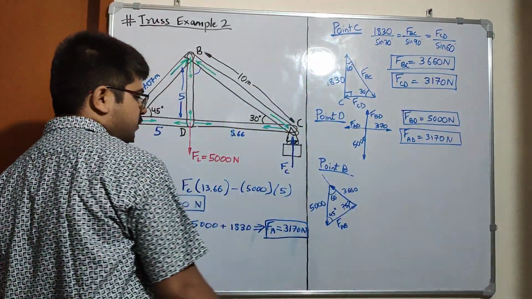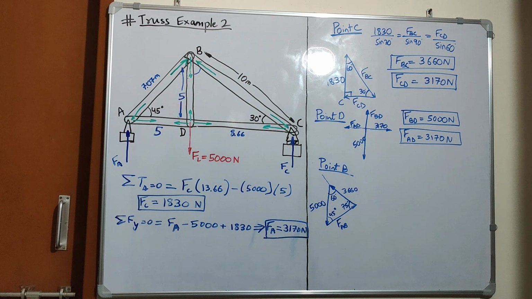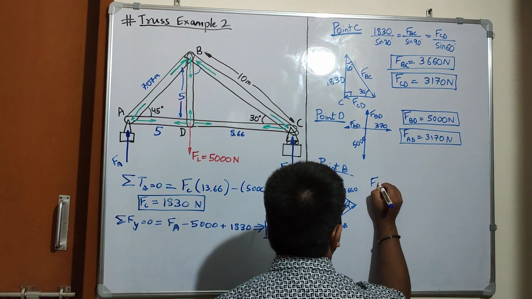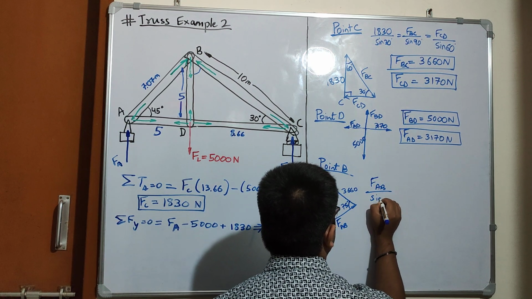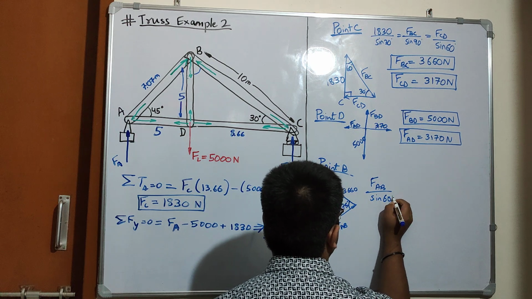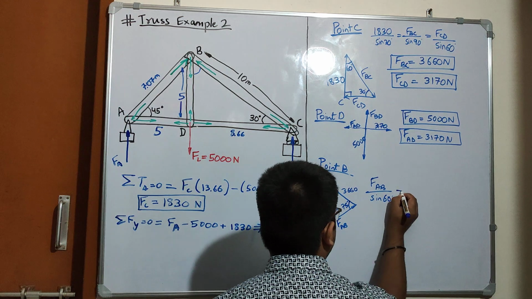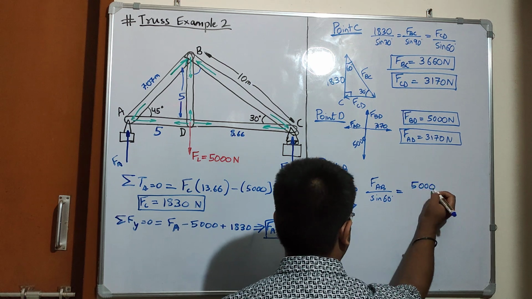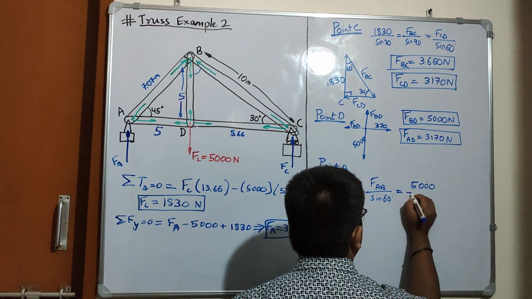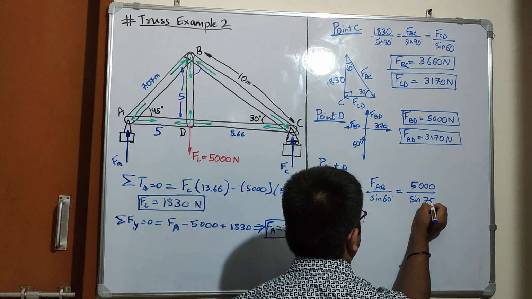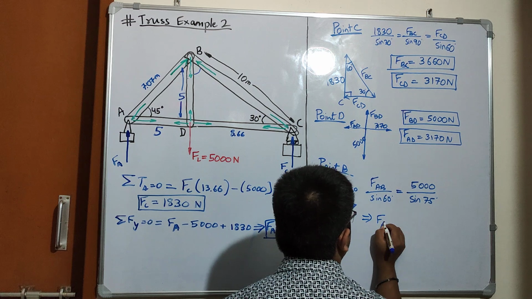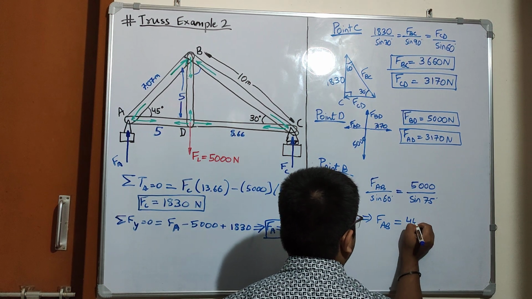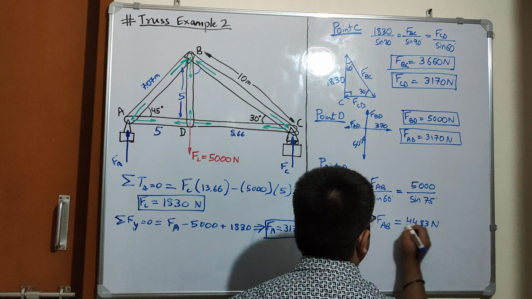So from this triangle, by the sine rule, we will have FAB by sine 60 equals 5000 by sine 75. This will imply FAB is 4483 newtons.